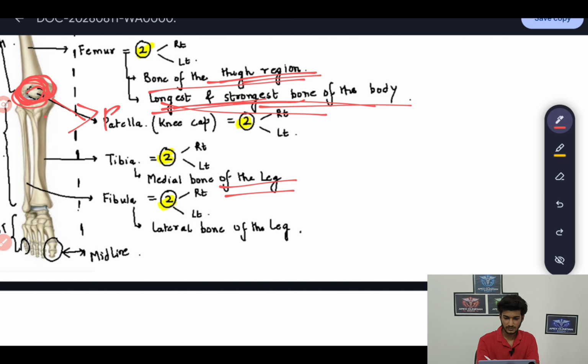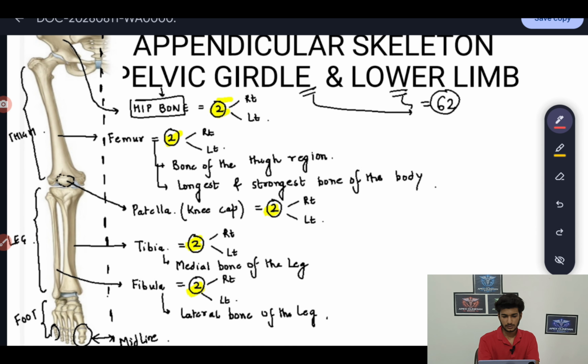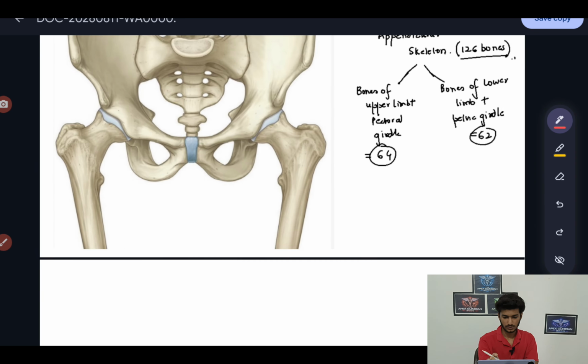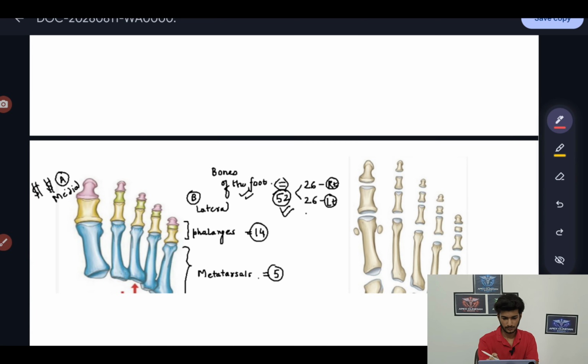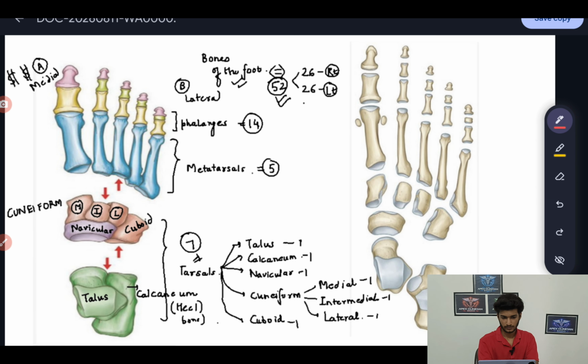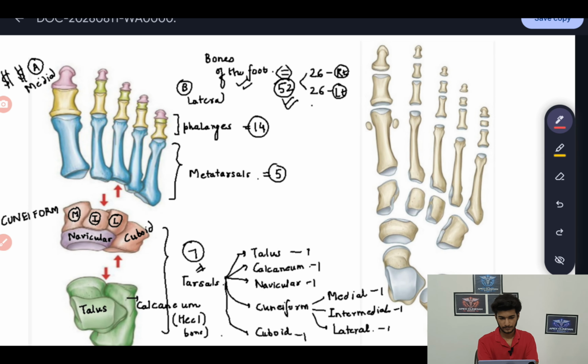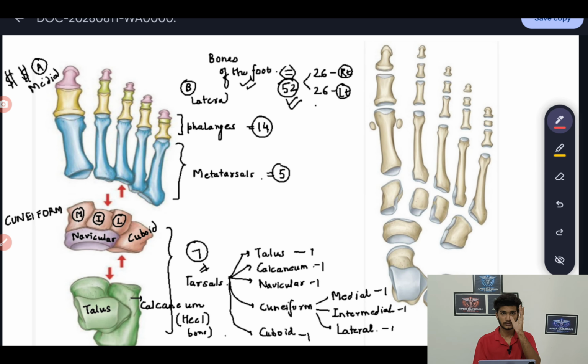After that, let's see what the bones of the foot are.